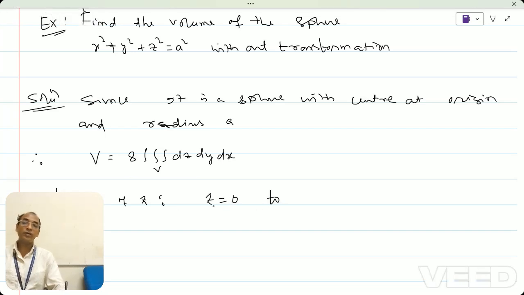When I find the upper limit of z, I will consider the equation of the sphere x square plus y square plus z square equal to a square, and from there I will get z equal to root over a square minus x square minus y square. There is no need to give plus or minus because I am evaluating it in the first octant.